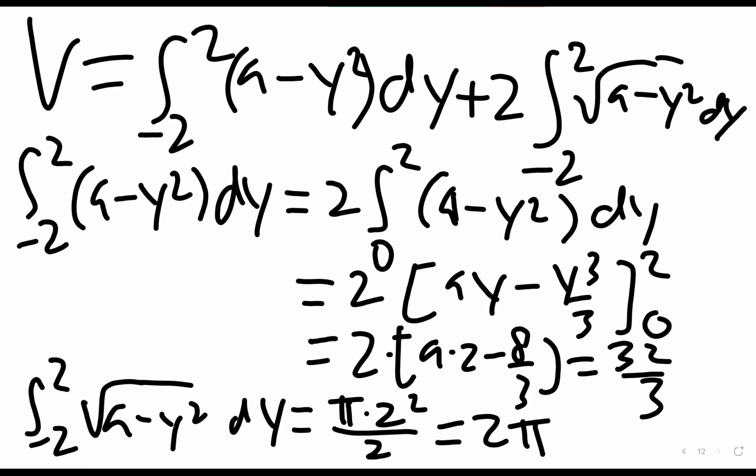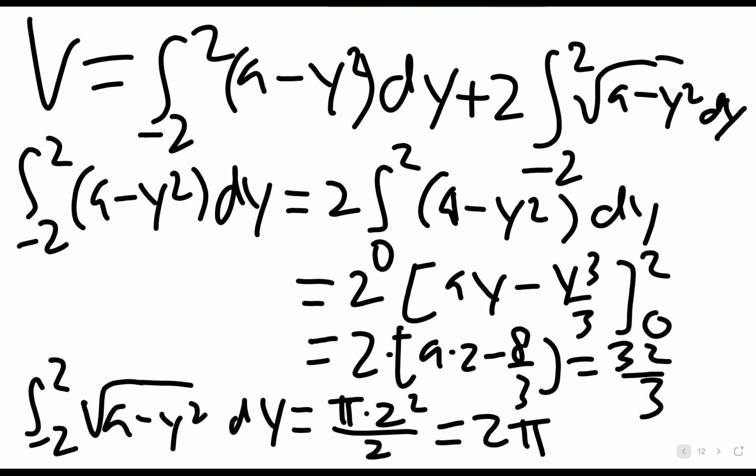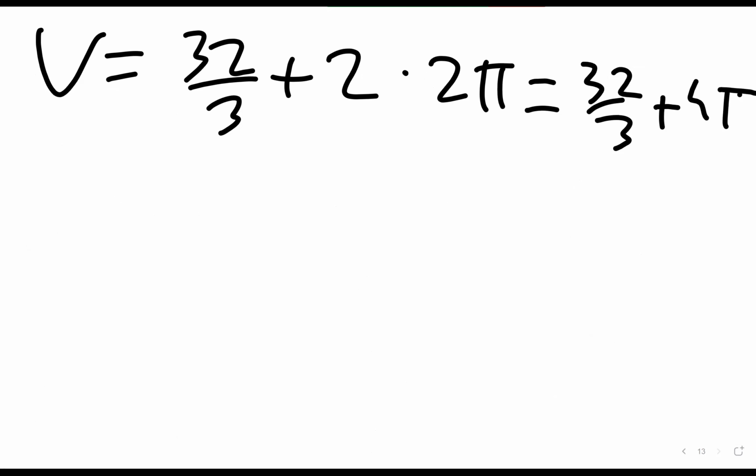And then if you go back to the volume, the summation of the volume is 32 over 3 plus 2 multiplied by 2 pi. So you have 32 over 3 plus 4 pi. That will be the result.